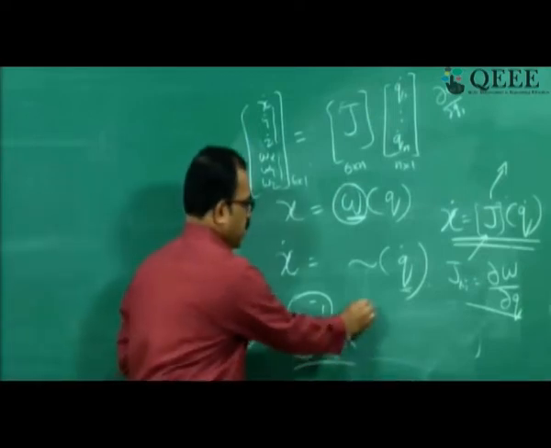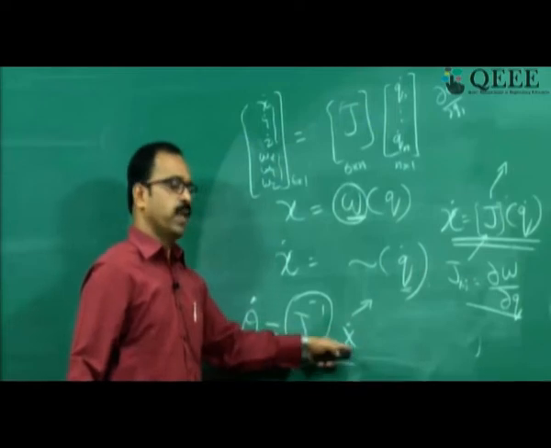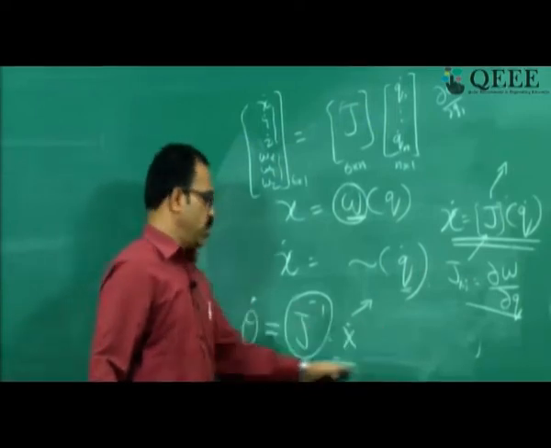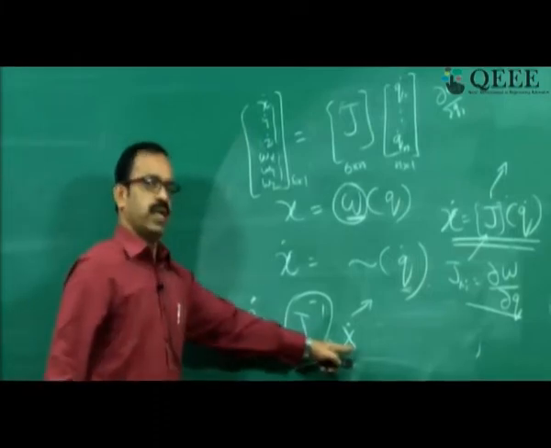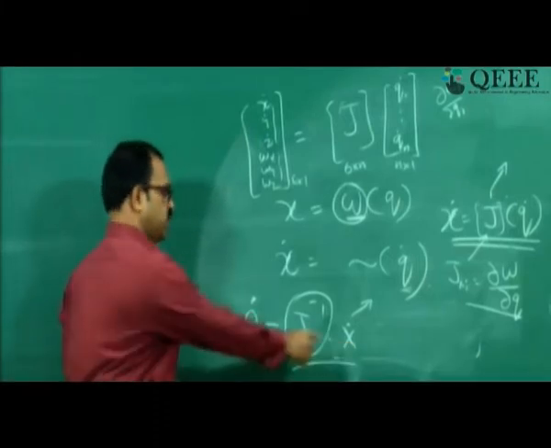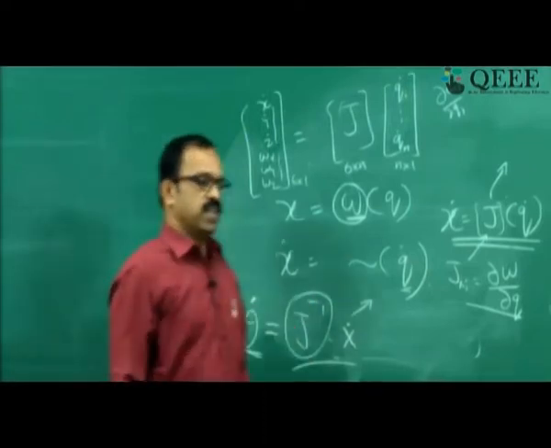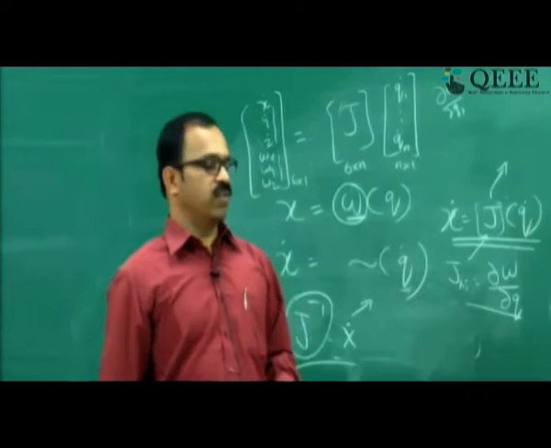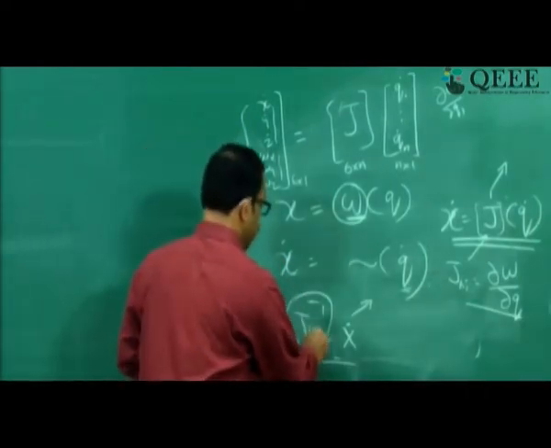So if you know the desired velocity in the Cartesian space, the tool velocity needed, you can find out what the joint angle velocity should be to achieve the desired Cartesian velocity using the inverse of the Jacobian. And J is always a function of the joint angle theta or q.